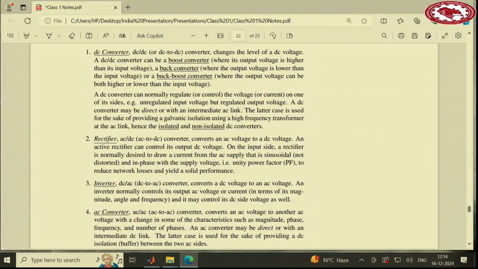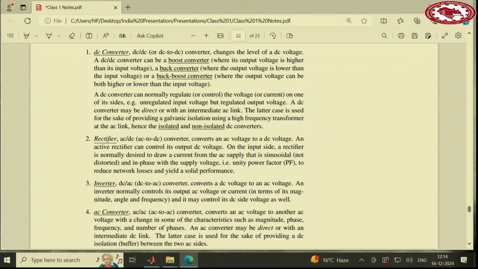In some applications you may not be focused on increasing or decreasing, but you may want to use this converter for other purposes. For instance, if you want to isolate one side from the other side, you can use a converter. Again, you will see later how to do that.